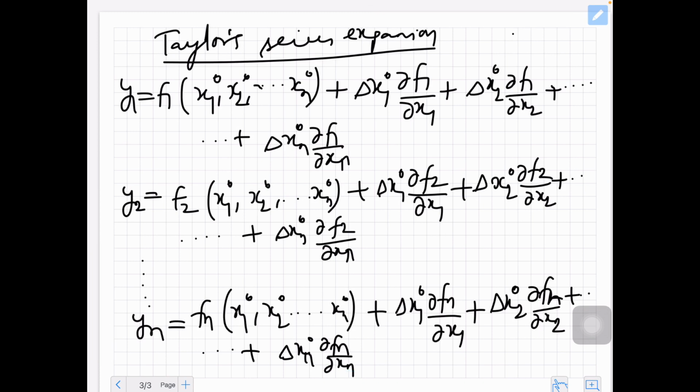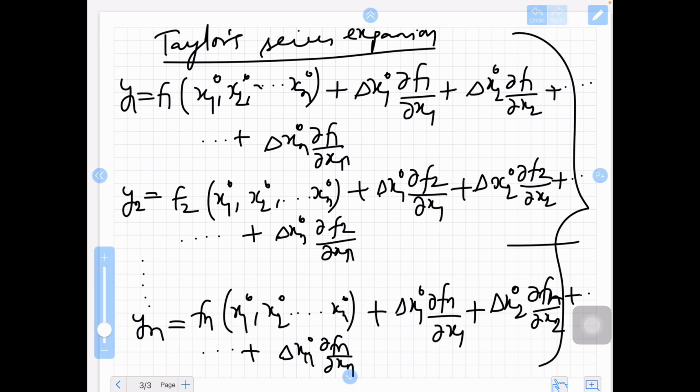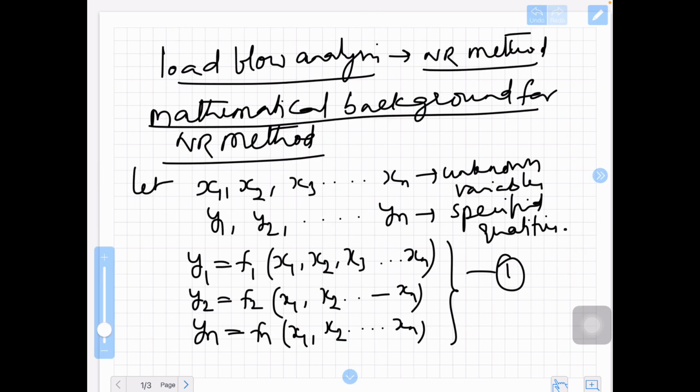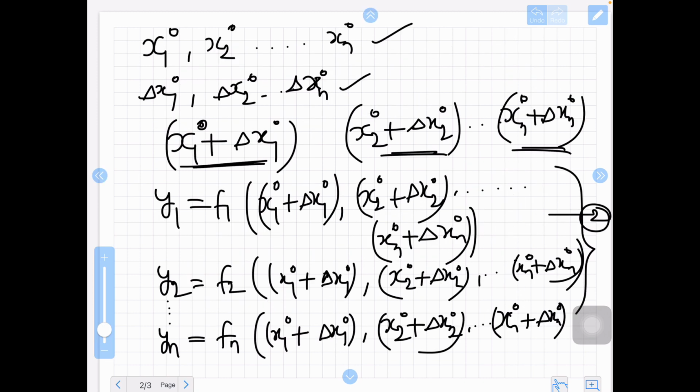So this set of equations, let us call this equation number 3. What we did: in equation 1, we defined the specified quantities in terms of a nonlinear function of unknown variables. Next we considered the initial solution and also the correction factor for the unknown variables x.